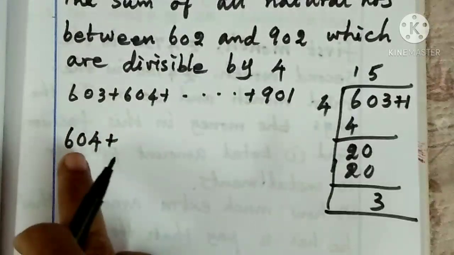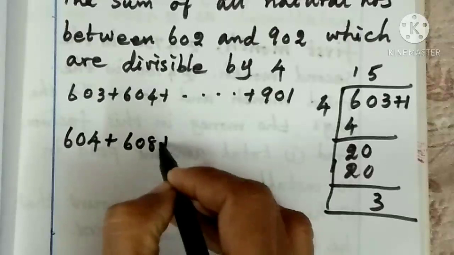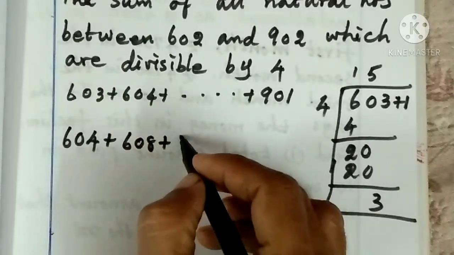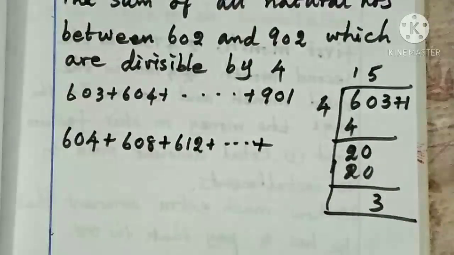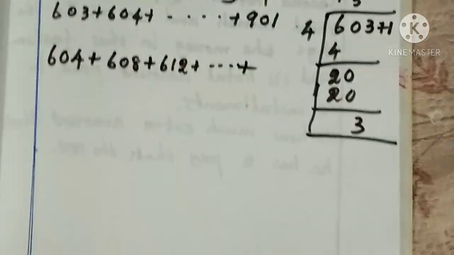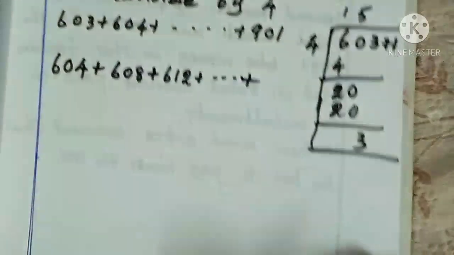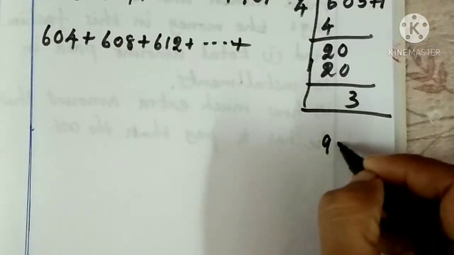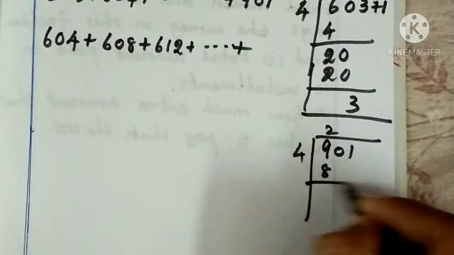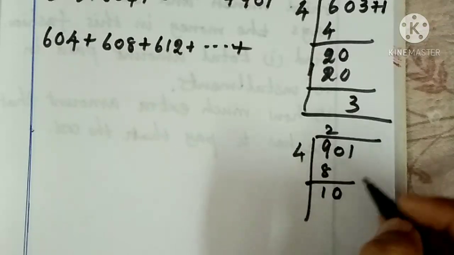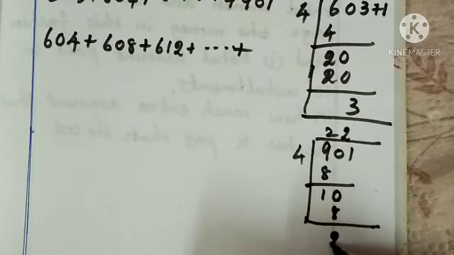Then the next number, 604 plus 4, we get 608. 608 plus 4 we get 612. Likewise, you have to find the last number, that is 901 divided by 4. See, 901 divided by 4. 2 4s are 8, remainder 1, 0. 2 4s are 8, remainder 2.